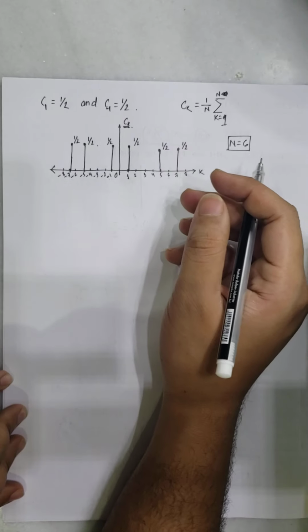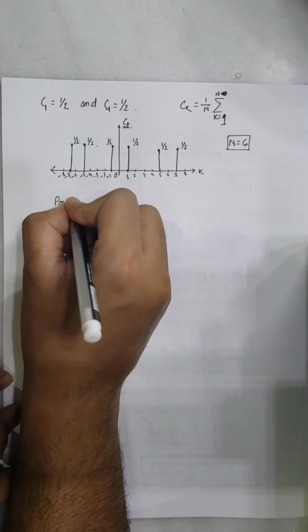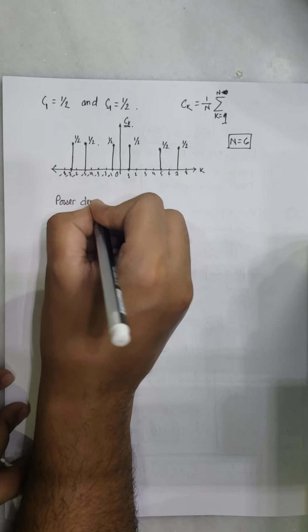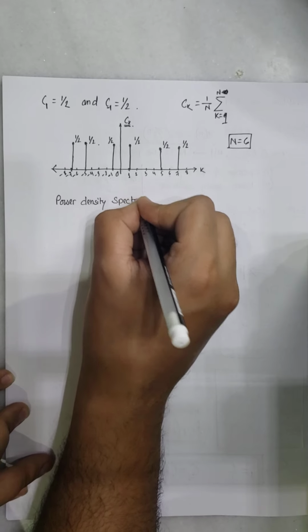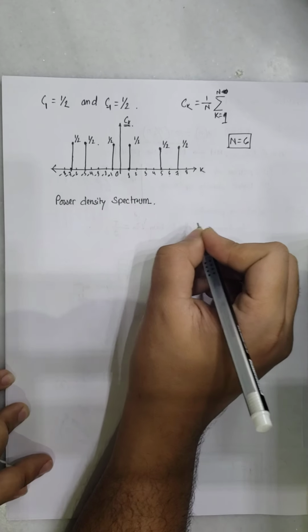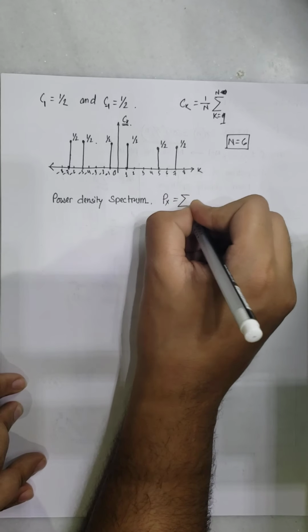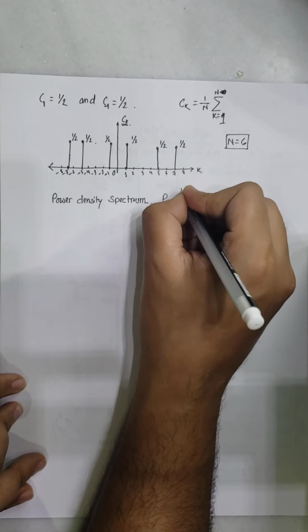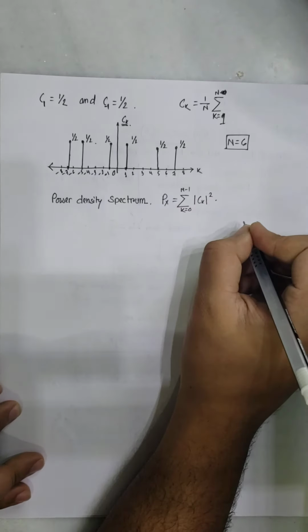Now in order to determine the power density spectrum, we have P of x equal to the summation of k, which goes from 0 to N minus 1, of C of k squared.